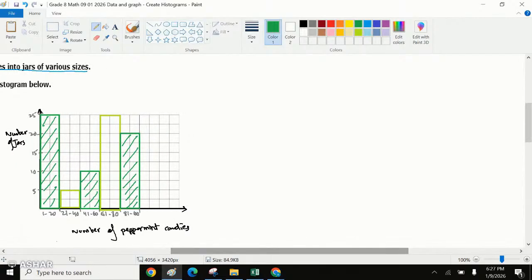Let's suppose this histogram is in front of us, right? Can I say which quantity of candies had the least number of jars? Just by looking at this histogram, we can assess a lot of information.